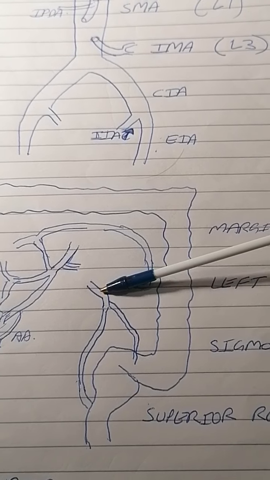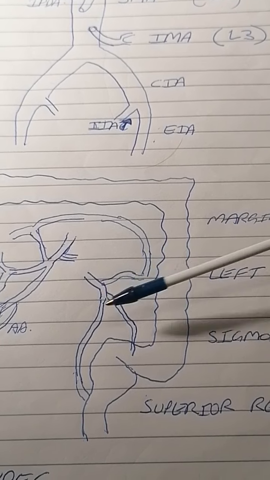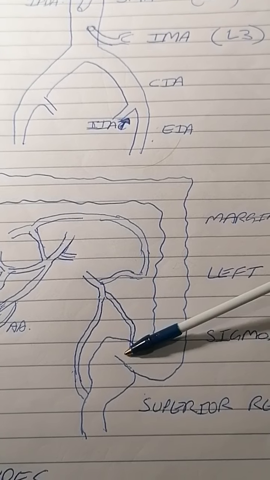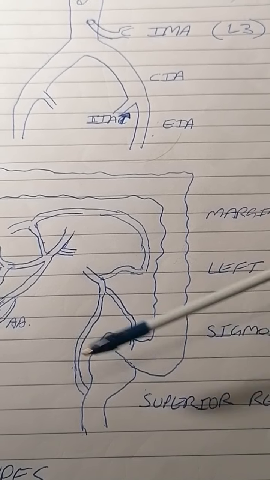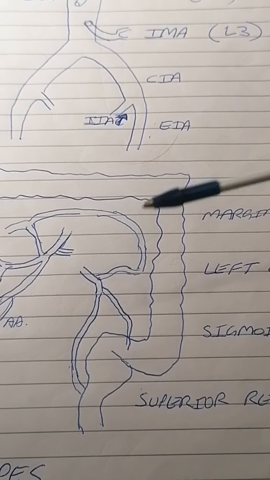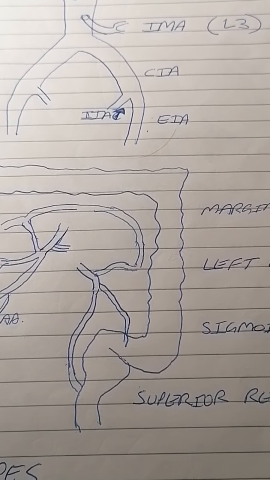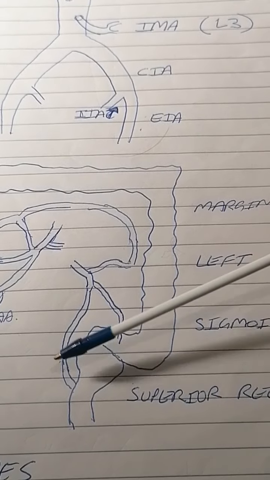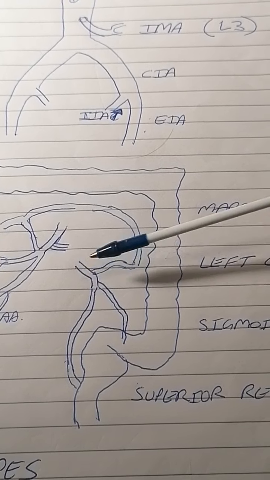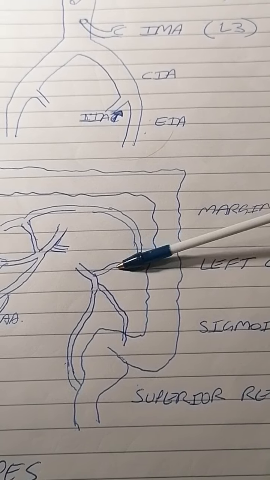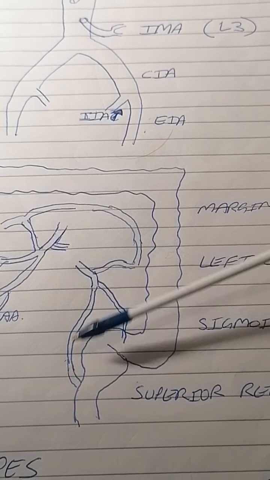It gives your left colic artery, then your sigmoidal artery, and your superior rectal artery. The middle and the inferior rectal arteries are not part of the inferior mesenteric artery, so just the superior rectal artery. So again, the IMA gives 3 branches: left colic, sigmoidal artery, and superior rectal artery.